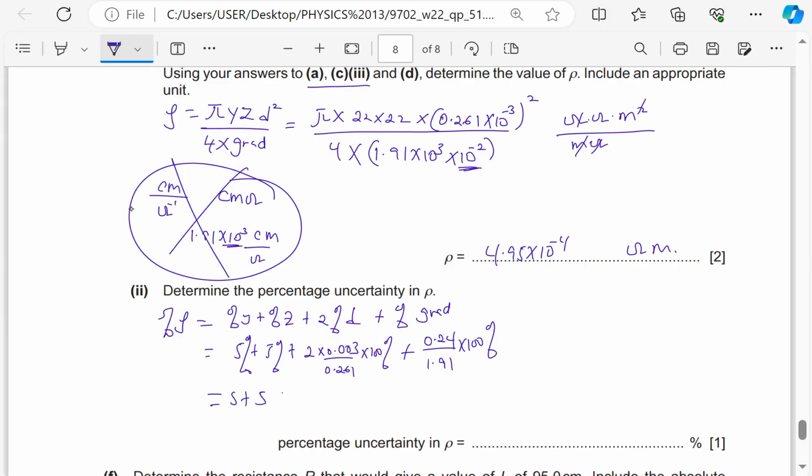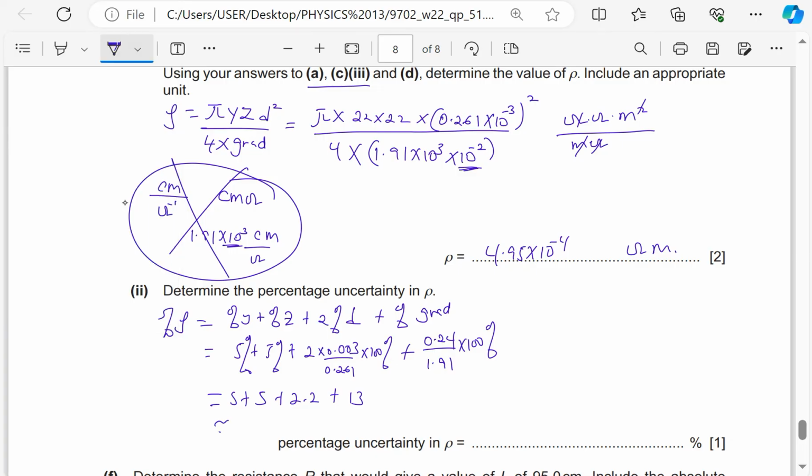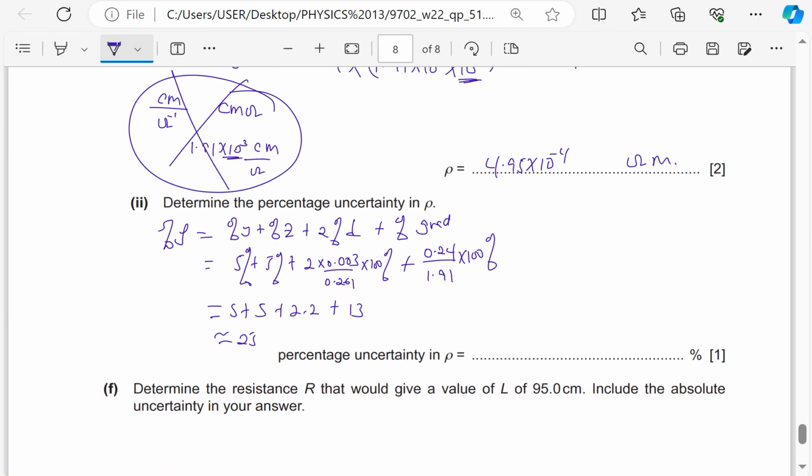So you have 5 plus 5 plus 2.2 plus 0.24 times 100 divided by 1.91, which is 12, or approximately 13. So I have 13 plus 10 plus 2.2, approximately 25%. So the answer here is going to be about 25%.